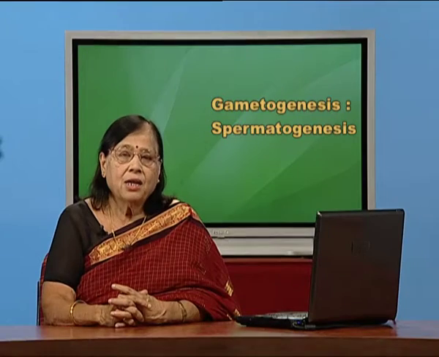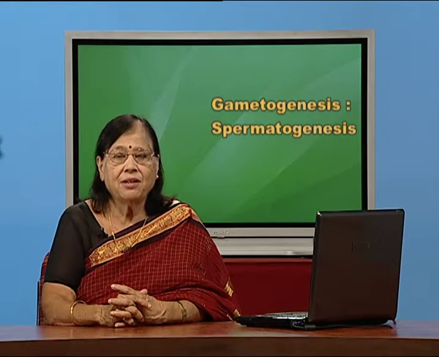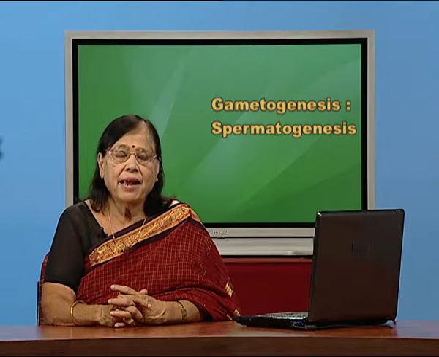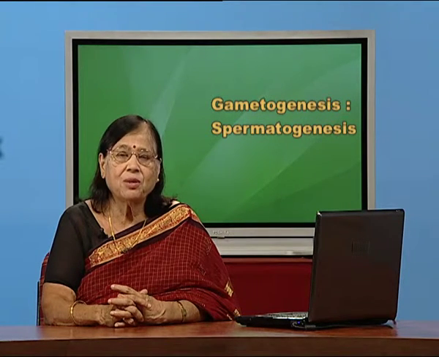Hence sperm will have 23 chromosomes. If we try to name these cells, we started with spermatogonia, primary spermatocytes, secondary spermatocytes, spermatids, and then the sperms. During this process, spermatogonia needed energy, nutrition and support, and that was provided by Sertoli cells which are present in the seminiferous tubule.